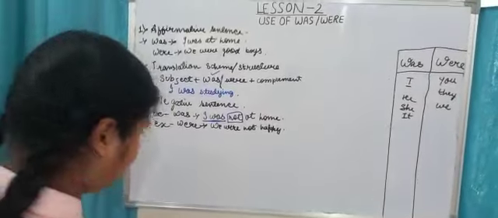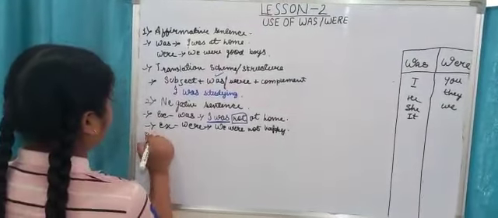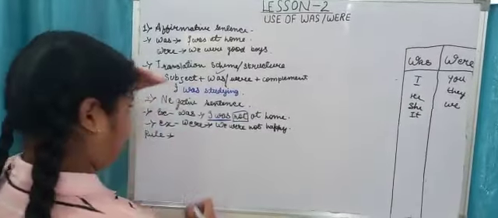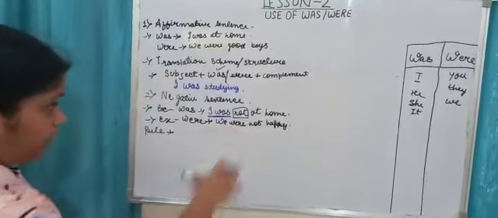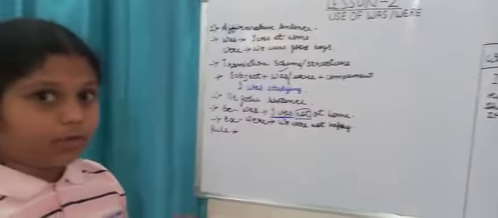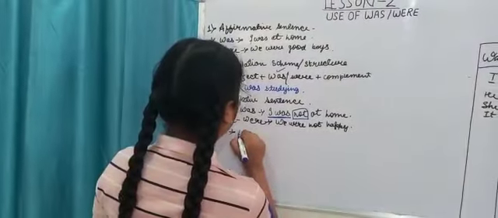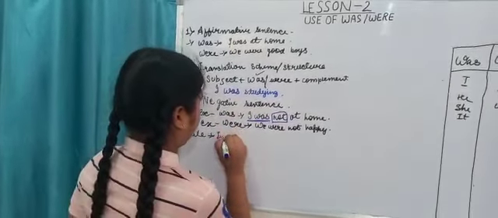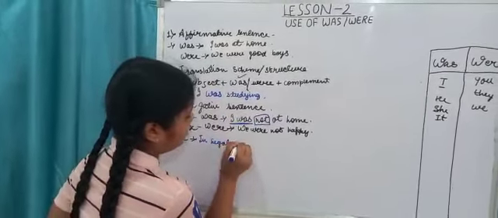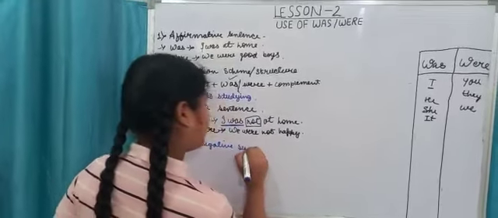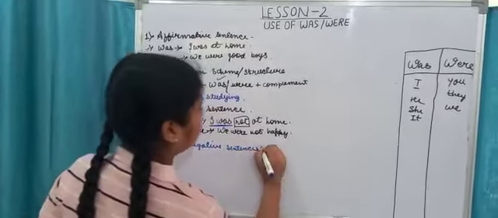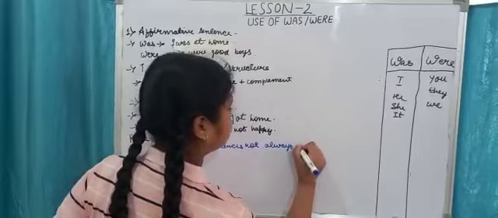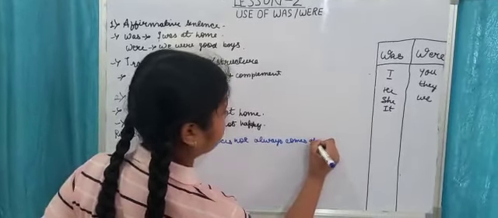The rule is that in negative sentences, not always comes after was and were.